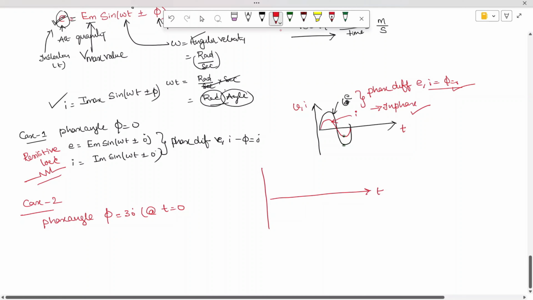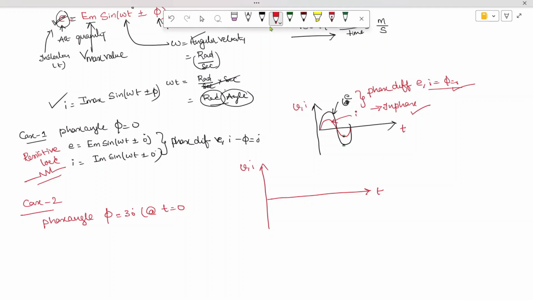So this is voltage versus current. Initially I am drawing the voltage waveform. So this is the voltage waveform. This is 0, this is pi by 2, this is pi, and this is 2 pi.